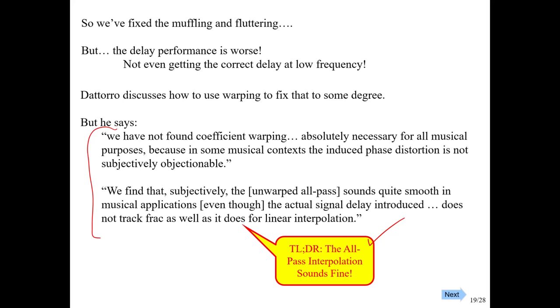We don't have to fuss over, in some things, the precise mathematical specs of something. Does it sound good? Does it sound like vibrato? Can the user set it to the way that they want it to sound? With the all pass, it works quite well.